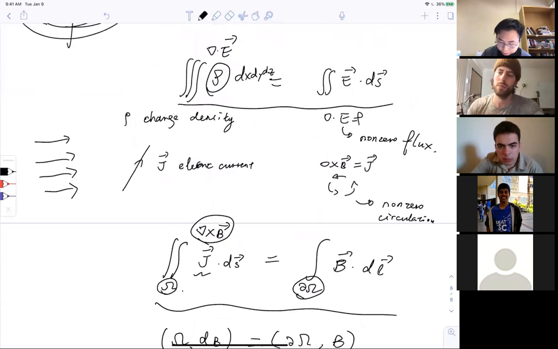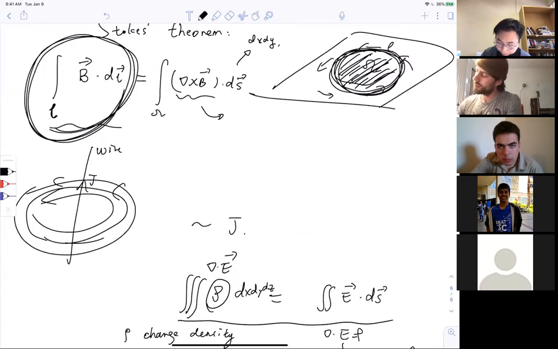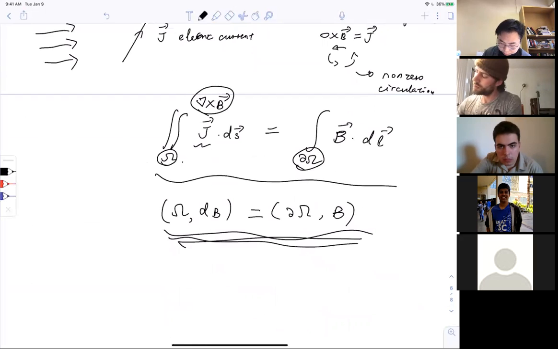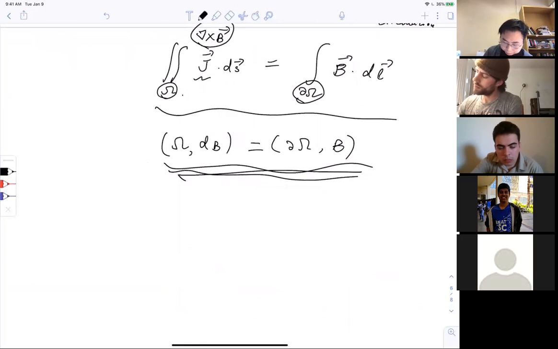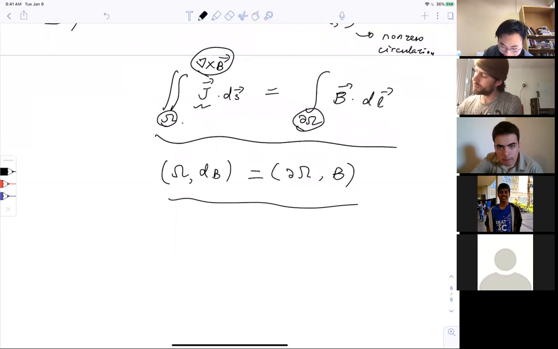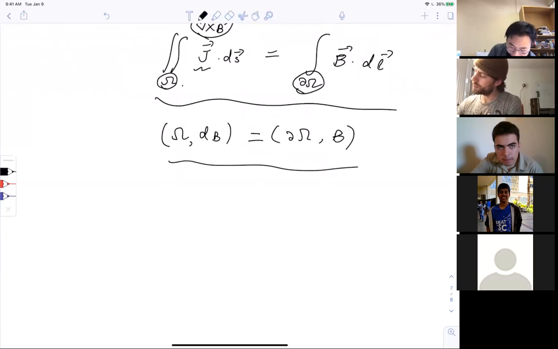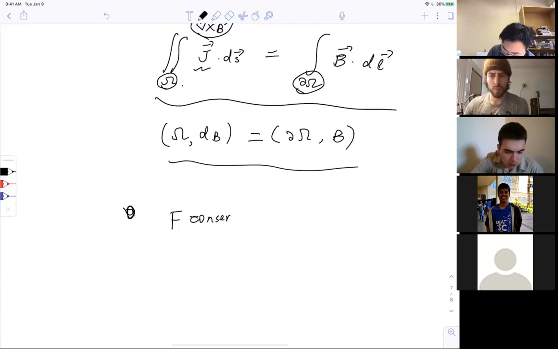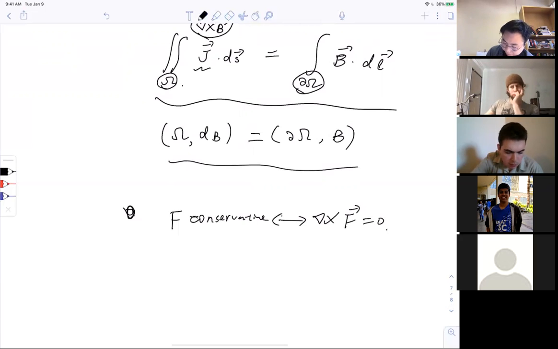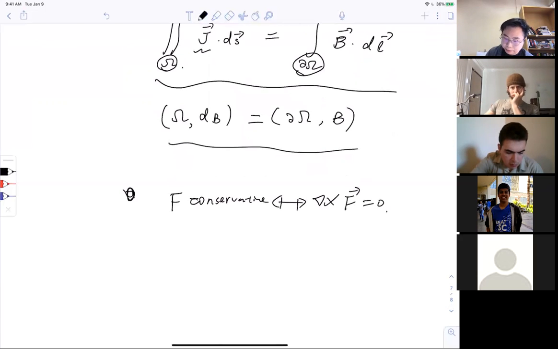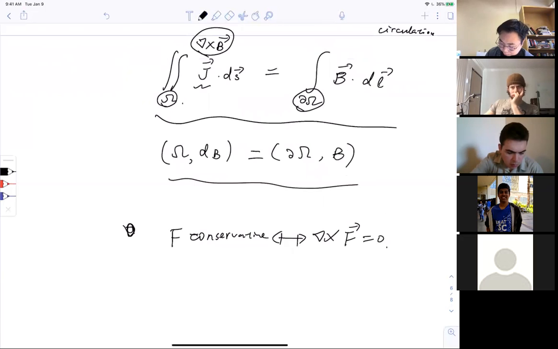Okay, so this is Gauss's law and Stokes' theorem. And for this kind of Stokes' theorem, by the way, there is a relation that says if a force is conservative, then it's curl-free, right? You can prove this easily with this Stokes' theorem.